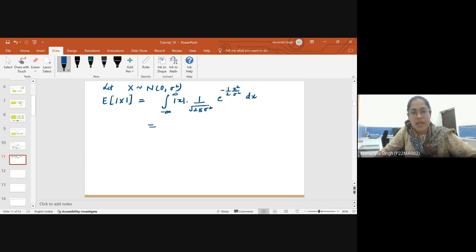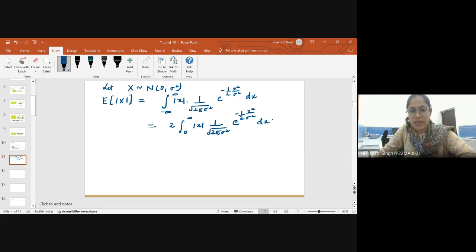Now I can see that the function in the integral is an even function. If I replace x with minus x, the function will be the same. So we can write this as twice the integral 0 to infinity of mod x 1 upon under root 2 pi sigma square e to the power minus 1 upon 2 x square by sigma square dx.